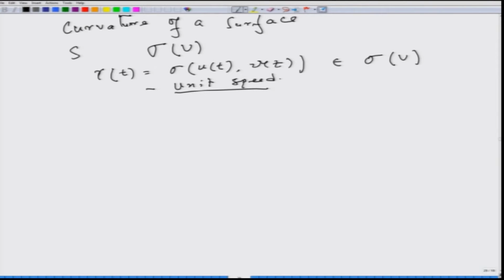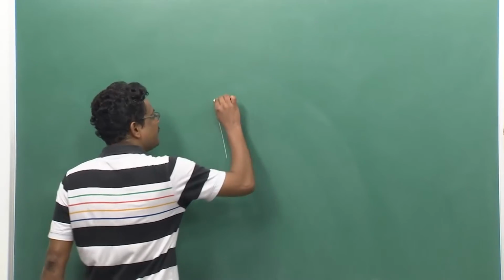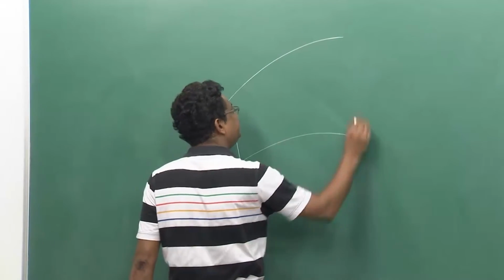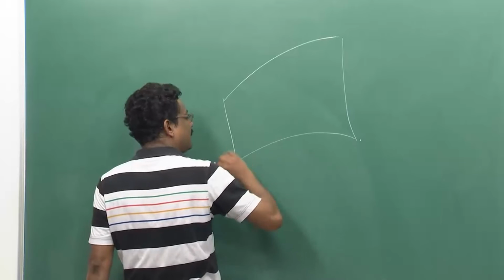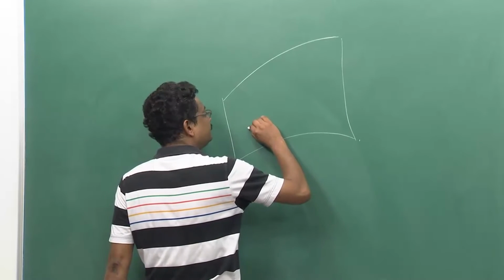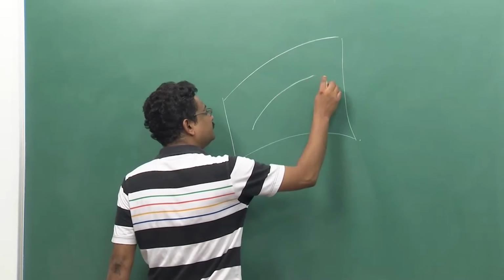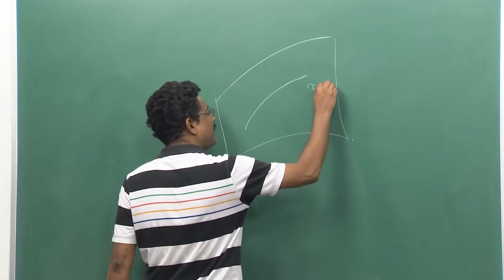Okay. So let us start with the picture. I have a surface patch here, and I take a curve gamma(t) on it.